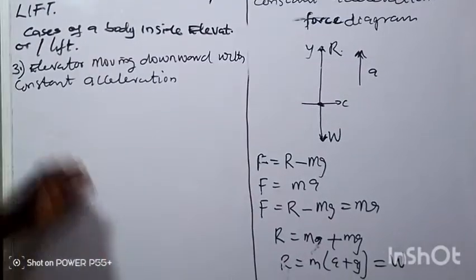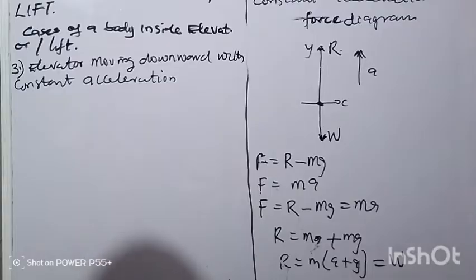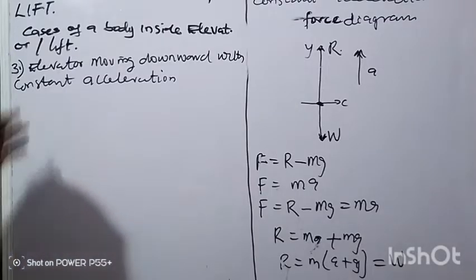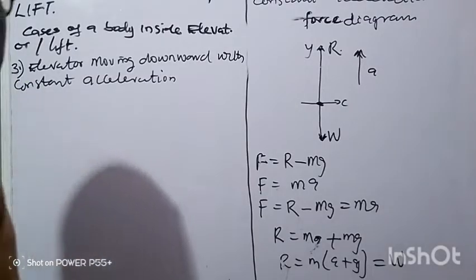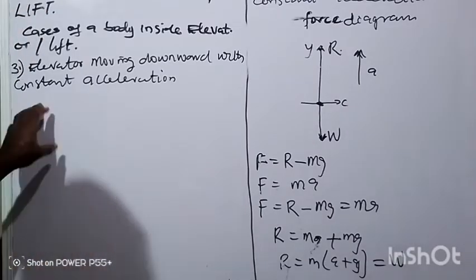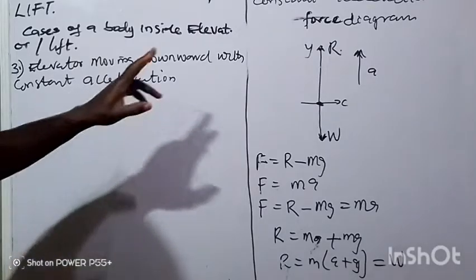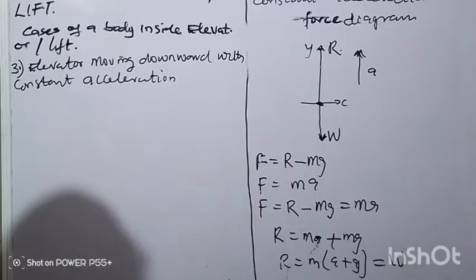This is case number 3, that is, elevator moving downward with constant acceleration. When this occurs, the body inside the lift or the elevator will lose weight. Why?